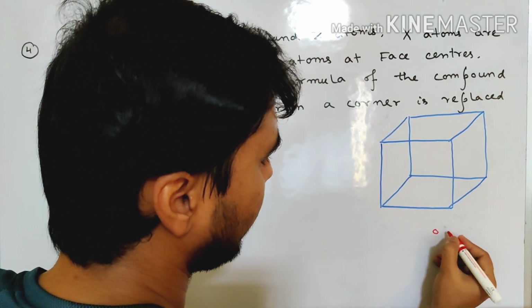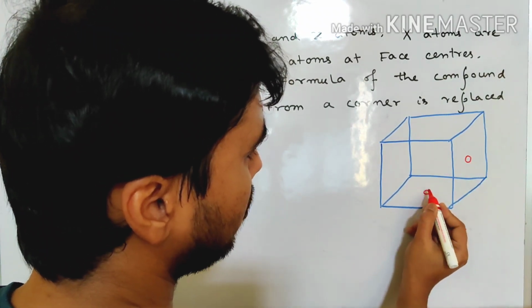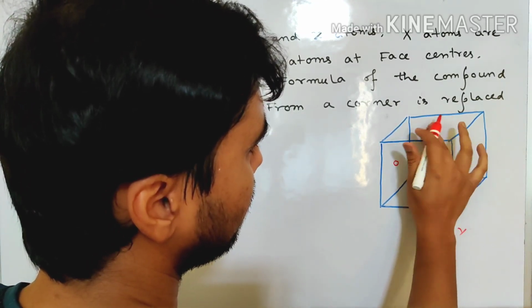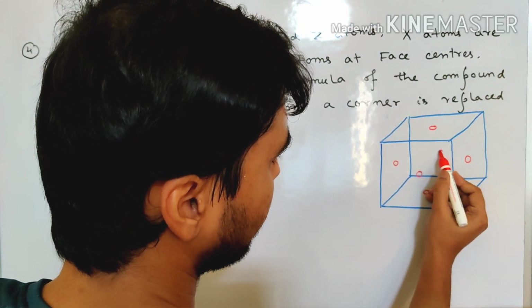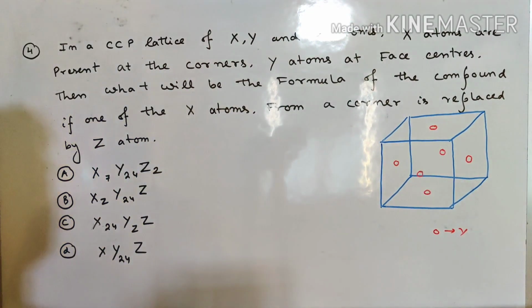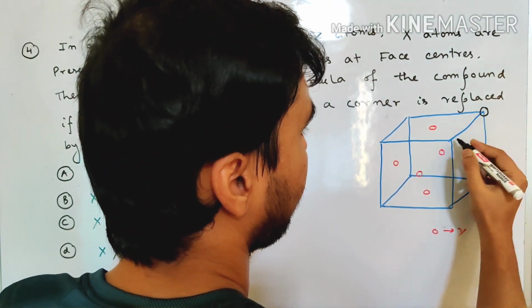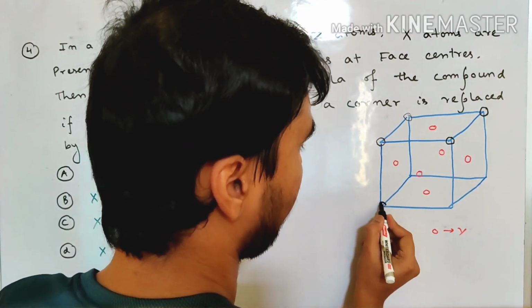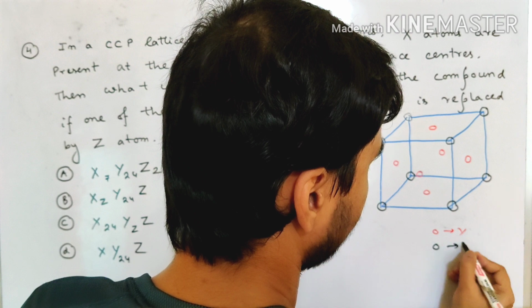Suppose these are the Y atoms, at face centers: 1, 2, 3, 4, one towards us, one behind us. Then X atoms present at the corners. So this one is X.